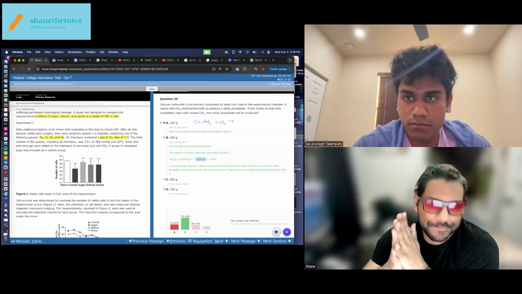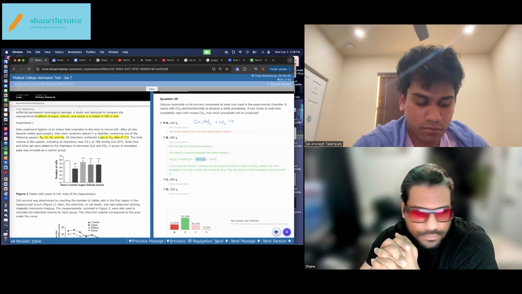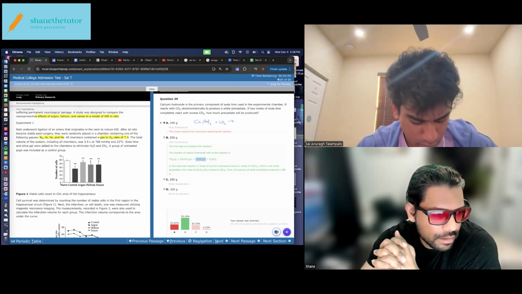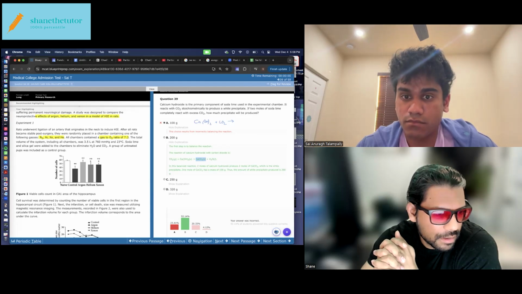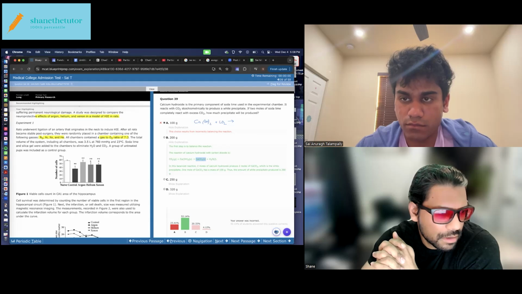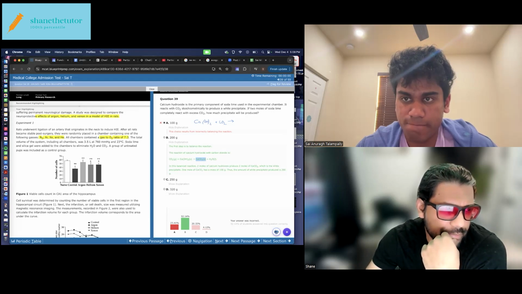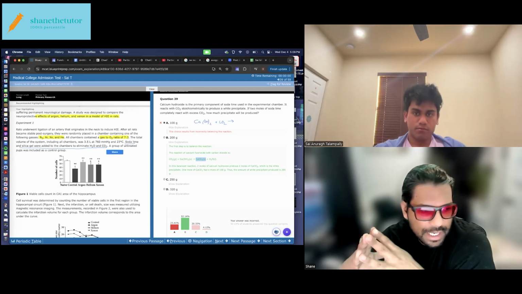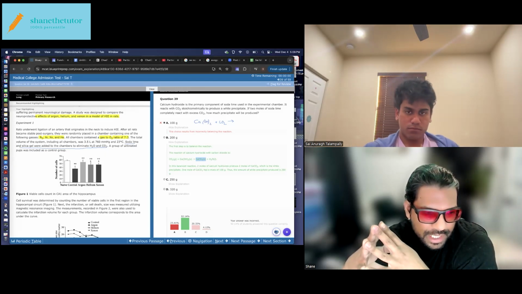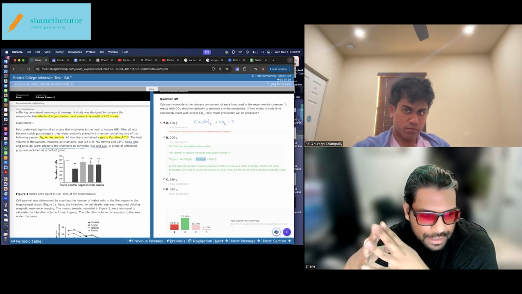Okay, so let's see. I see in the passage they say soda lime and silica gel were added to the chambers to eliminate H2O and CO2.